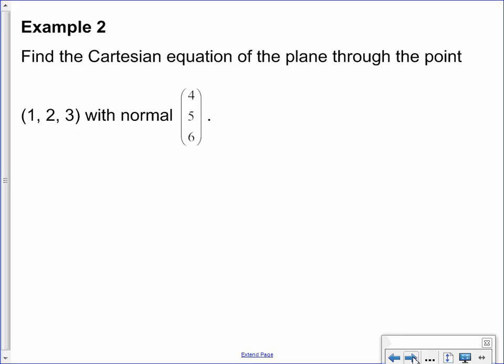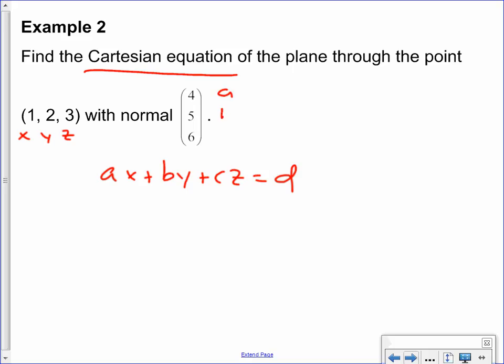Cartesian equation of a plane through the point. What does a Cartesian equation look like? AX plus BY plus CZ equals D. So if the normal is 4, 5, 6 with 1, 2, 3, isn't this X, Y, Z, and isn't this A, B, C?